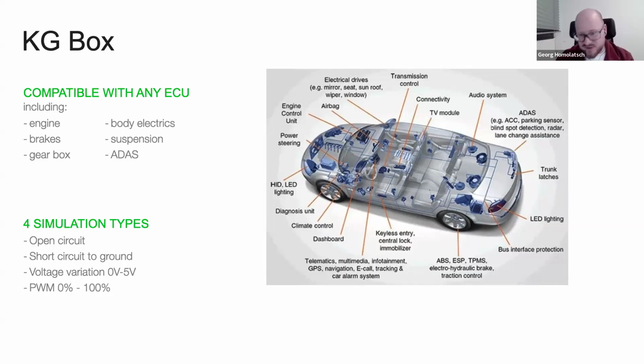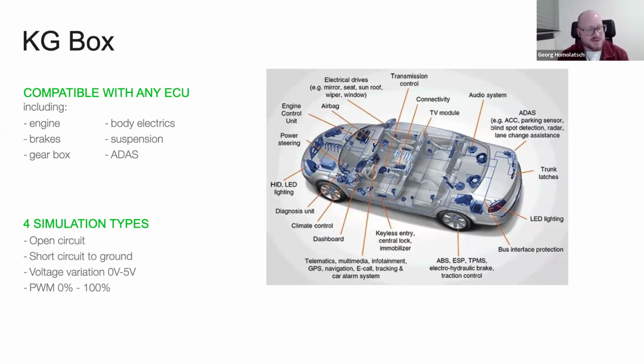So, for example, with voltage variation, you could simulate a faulty sensor output, for example, a temperature sensor, which communicates the temperature with a certain voltage to the ECU. Here you can change the voltage, communicate a different temperature to the ECU, and then create all types of diagnostic trouble codes and symptoms on the vehicle.